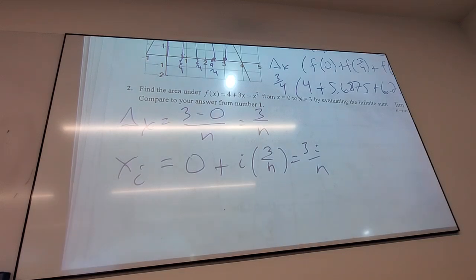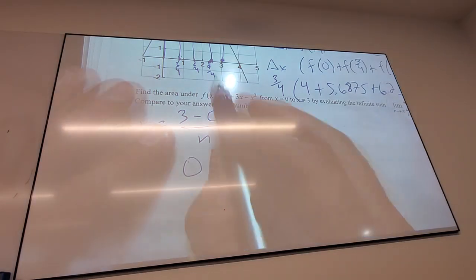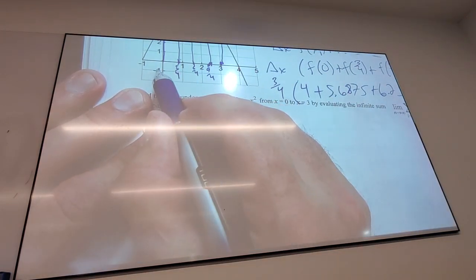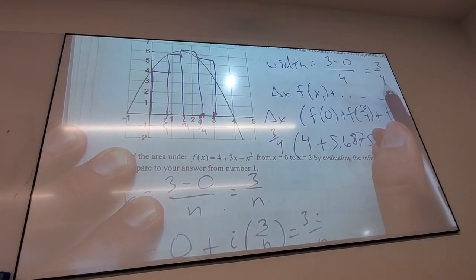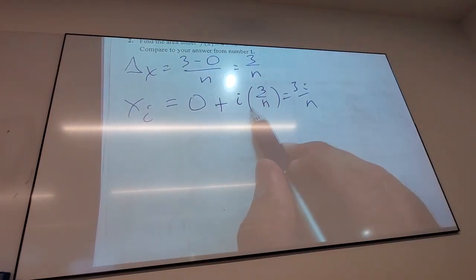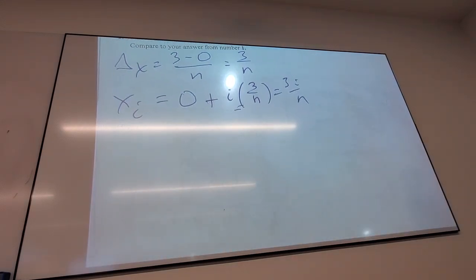You guys kind of with me? So be really careful, and please just let this make sense. How did I know to stop at 3/4 here? Because I started at 0 and I went this far. So I start at 0 and I go this far this many times to get to the i-th one. Okay.